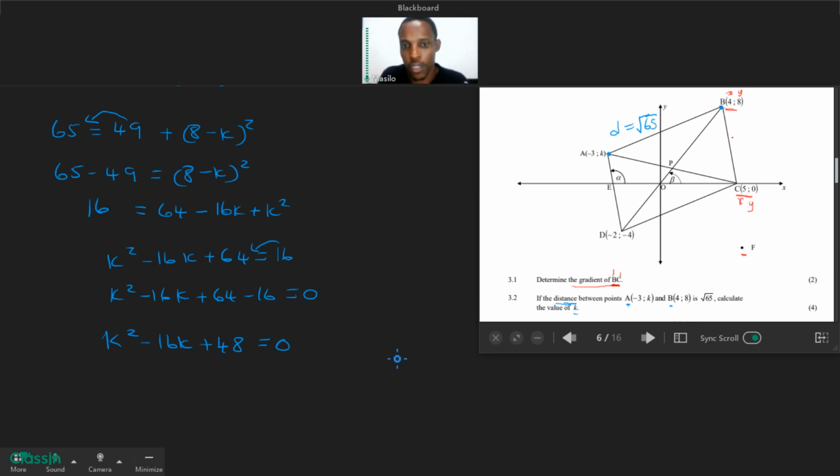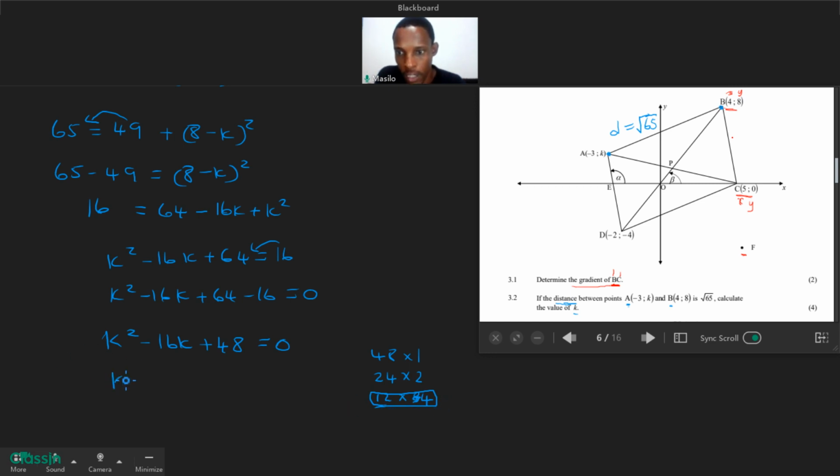Now, what we can do is that we have 48 by 1, then 24 by 2, then 12 by 4. Sorry, not by 3, by 4. Then it means that if I add these two values, I will get 16.